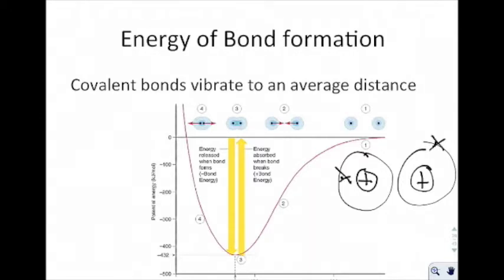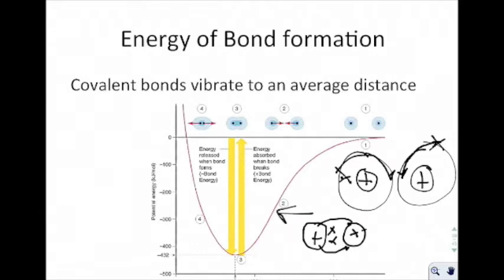So whenever we form a bond, these electrons have to migrate to be in between the two atoms at an equilibrium position. For example, if I have this situation right here, that may not be energetically favorable because these protons are too close to each other, where they would repel from each other.